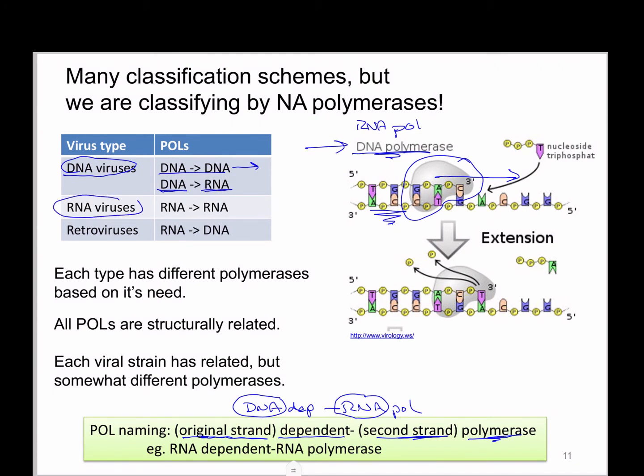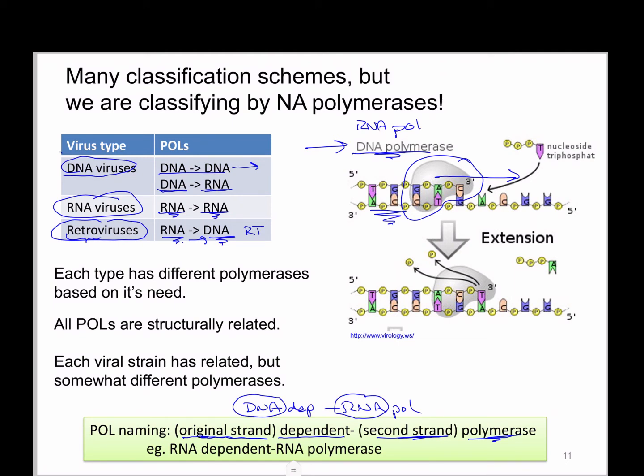If it's an RNA virus, they generally don't have to worry about DNA at all, and they're going to have an RNA-dependent RNA polymerase. The exception are retroviruses, which do start with RNA, but then produce DNA, and have to have a specific polymerase called reverse transcriptase in order to do so. And we call those retroviruses because retro is backward, and we never make DNA from RNA. We always do it the opposite, so we're calling them retro.